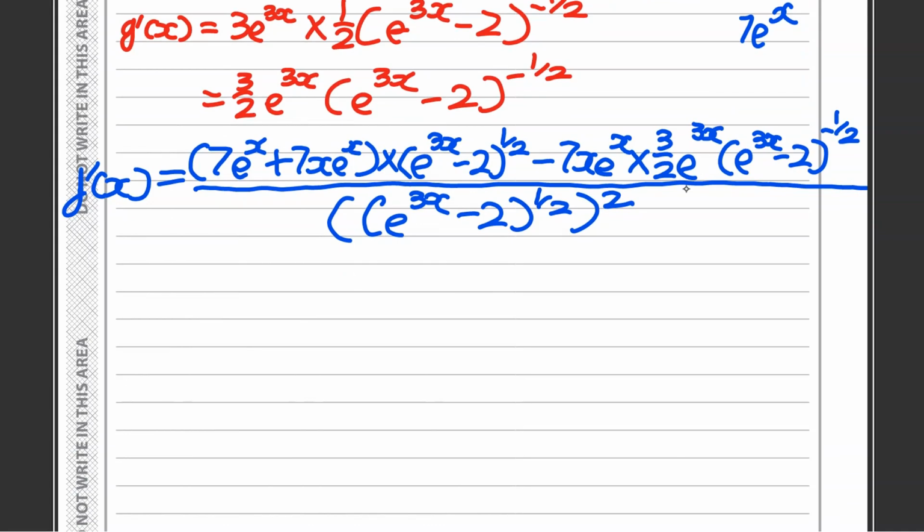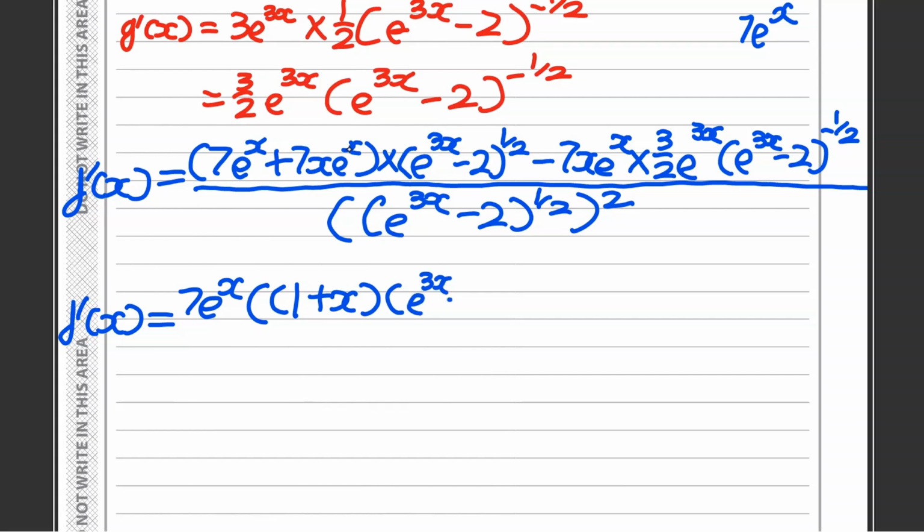So if we do this, it's going to be f dash of x is equal to, if we factor out 7e to the power of x from this bracket in the numerator, this is just going to be 1, and then if we factor out 7e to the power of x from this 7xe to the power of x, this is just going to be x, like this here, and then this is multiplied by this other bracket, e to the power of 3x minus 2 to the power of a half. Then this is minus this term here, and we have this 7x e to the power of x.